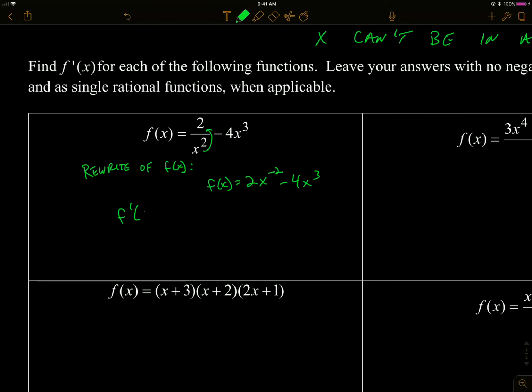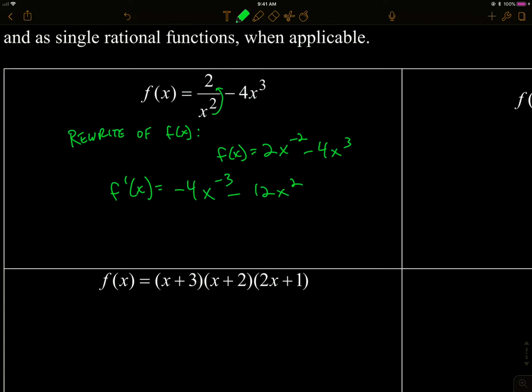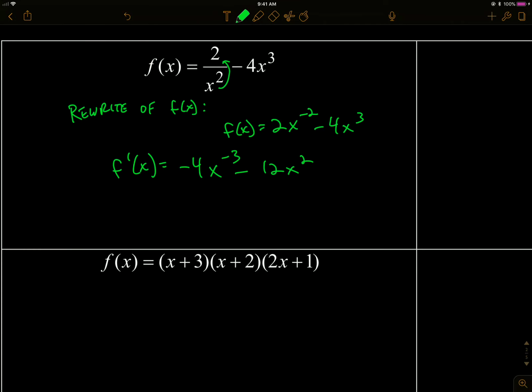So we'll stay with this. F prime of x, we apply our power rule. We get negative 4x to the negative 3, and then minus 12x squared. That's our derivative. We do not like negative exponents, so we'll typically write this as a positive exponent by bringing it back down below.